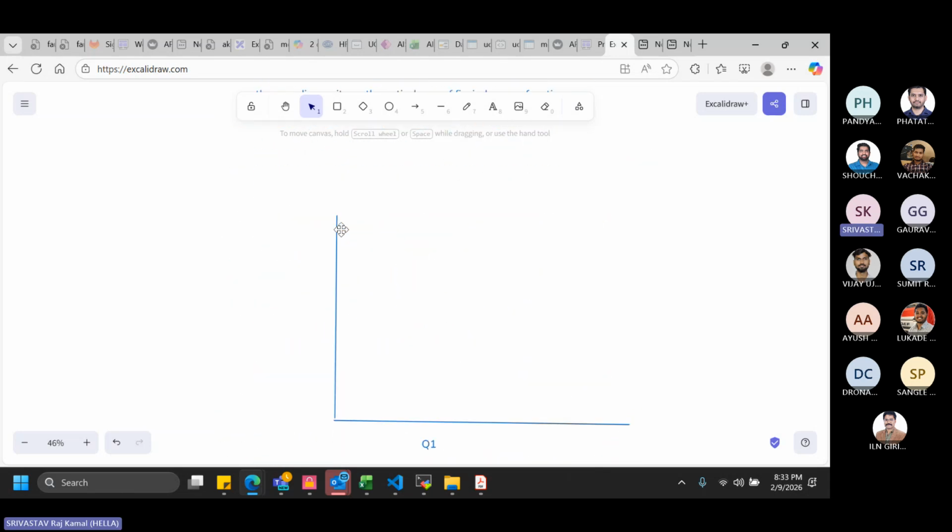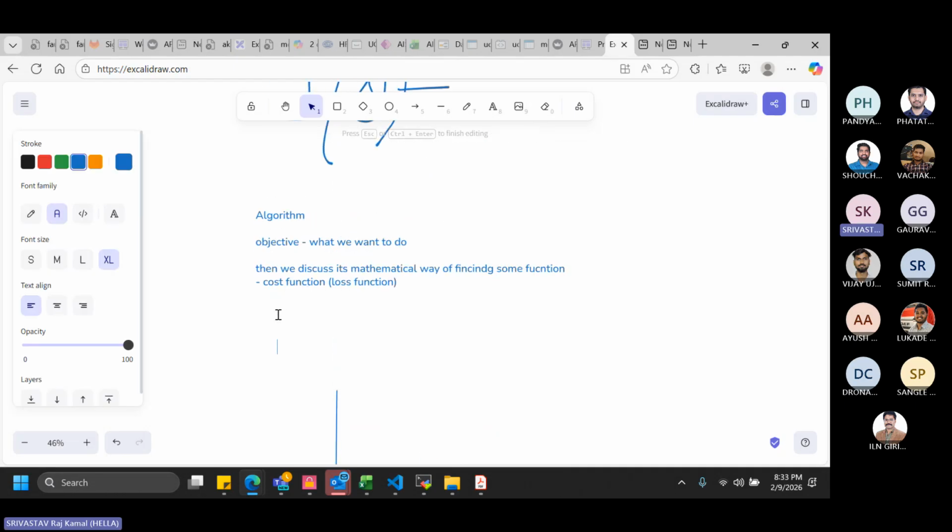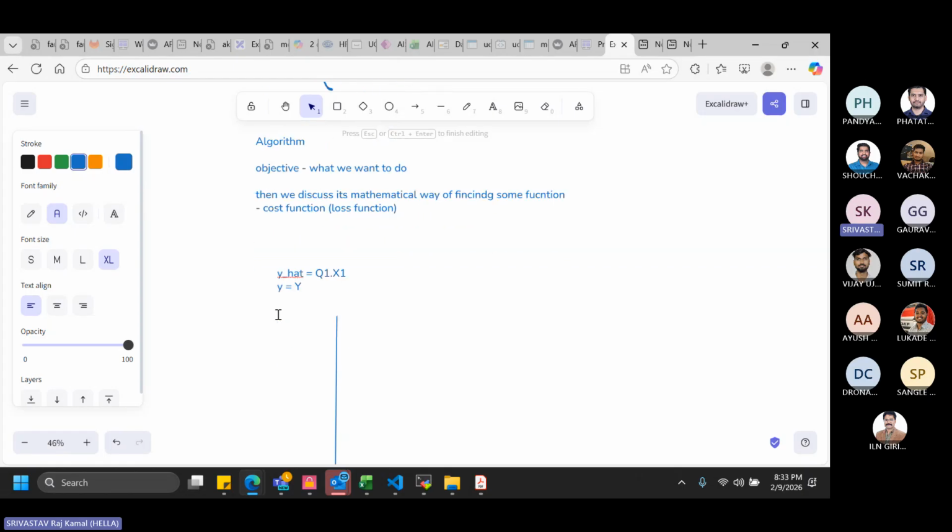Let's explore this algorithm. Theta 1 dot x1 is my y hat, right? The actual value is y. What we mentioned: take the y hat value, which is theta 1 dot x1, minus y, squared, over all points. This is what we are discussing here, right?